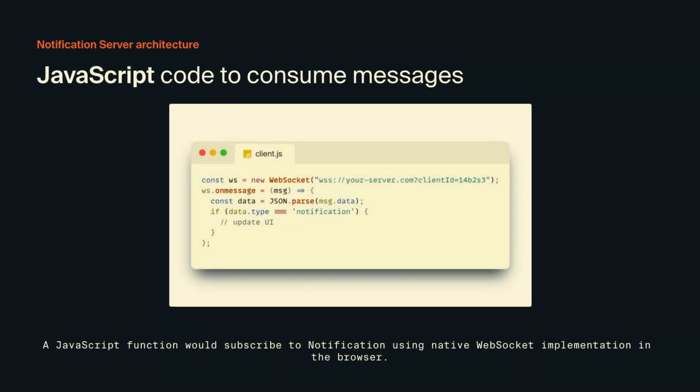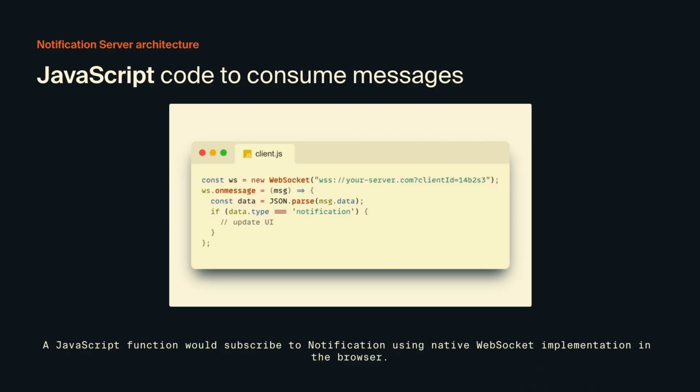Then this is the format of a message that is delivered. It's in JavaScript land, so this is how you would subscribe to the WebSocket. Basically, this client ID part is the most important one. You have to submit it to the browser using Drupal settings or using an endpoint to deliver the client ID.